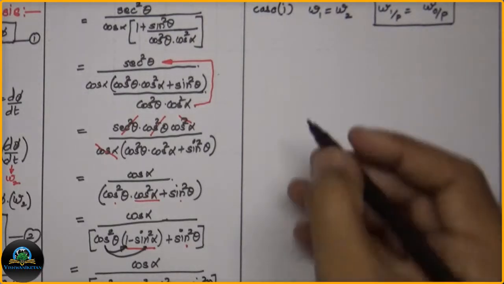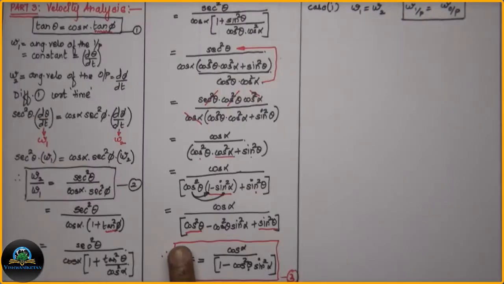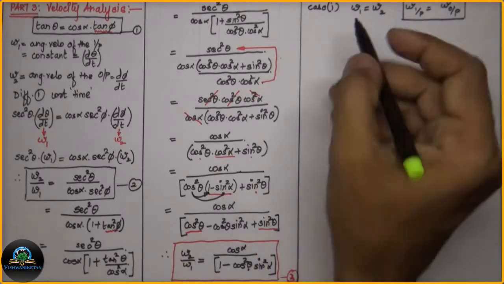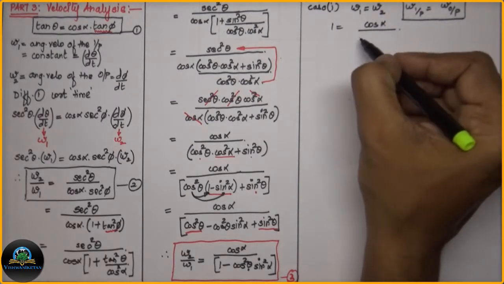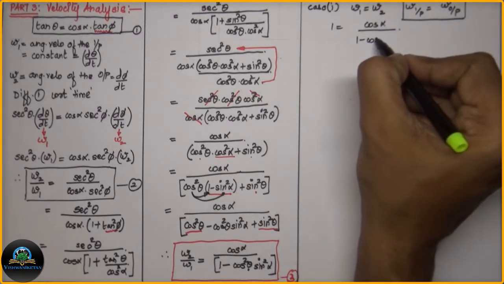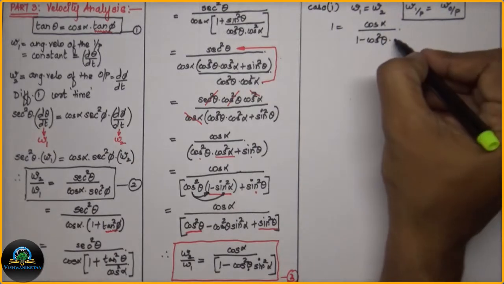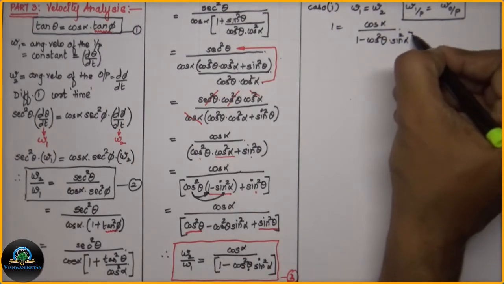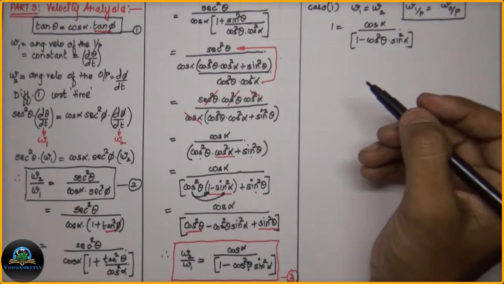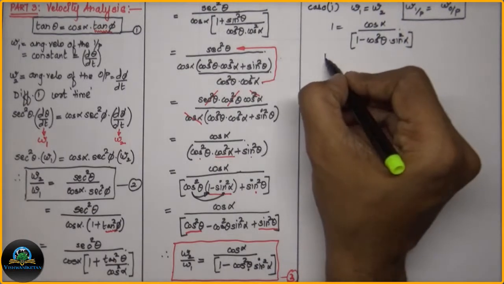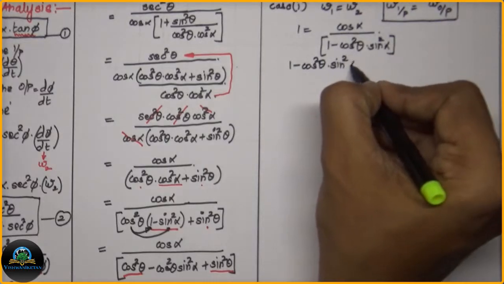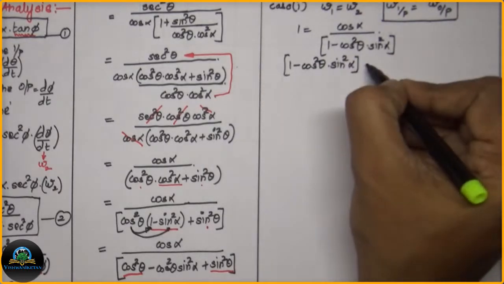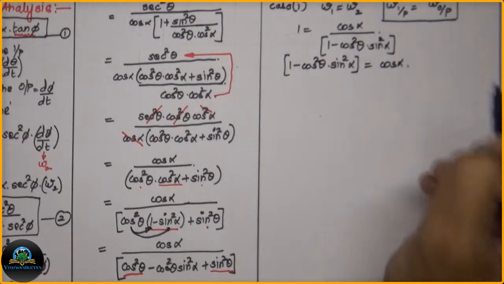Now, very simply, if you put this ratio in this third equation as 1, you will get cos alpha divided by 1 minus cos square theta sine square alpha, because I want the ratio to be 1. Now, let's cross multiply this. 1 minus cos square theta sine square alpha in the numerator is equal to cos alpha.